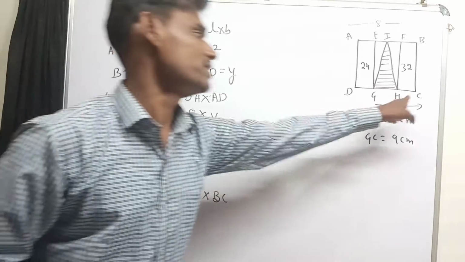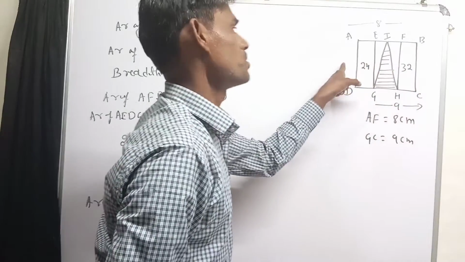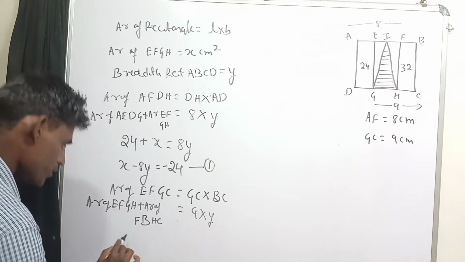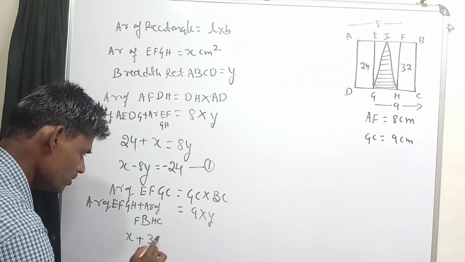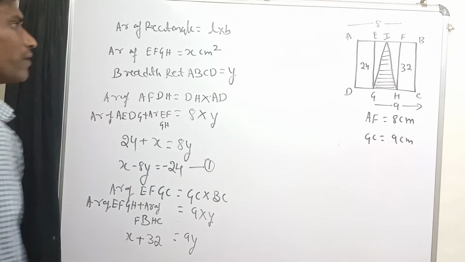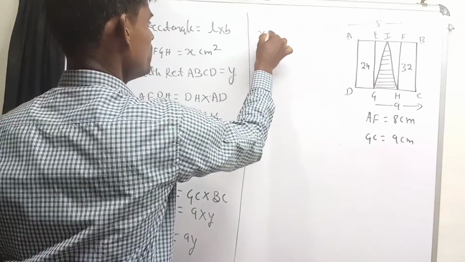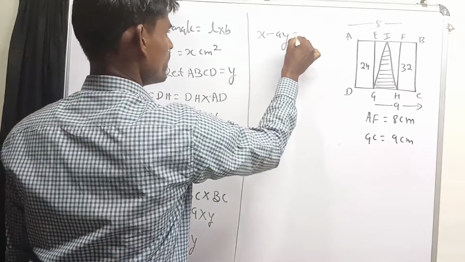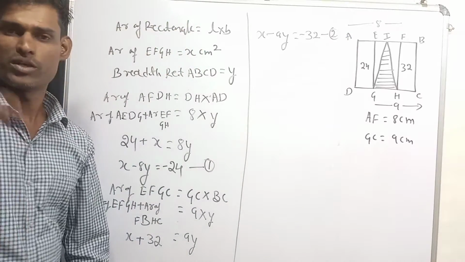Length of GC is given as 9, into breadth BC, which is equal to AD, so I am considering it as y. Area of EFGH, which we don't know, let's take as x, plus area of FBHC, which is 32, equals 9 into y, which is 9y. Then rewriting it in standard form, x minus 9y equals minus 32. Let's consider it as equation 2.